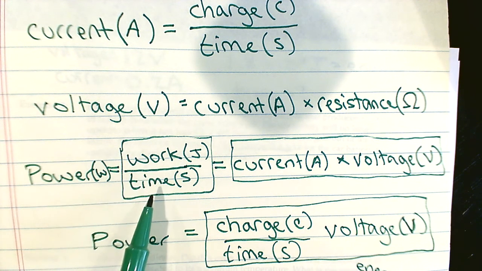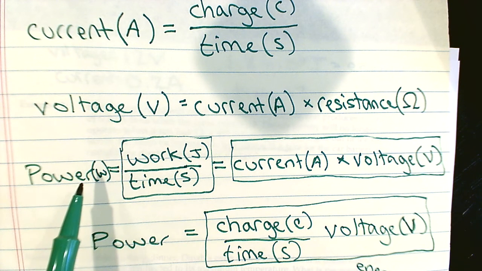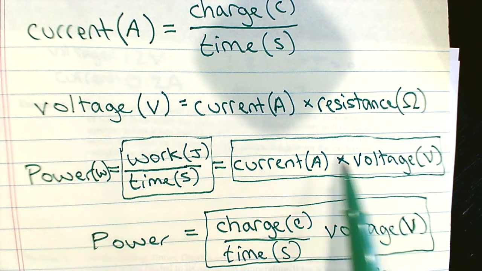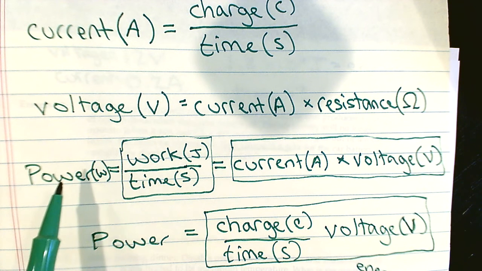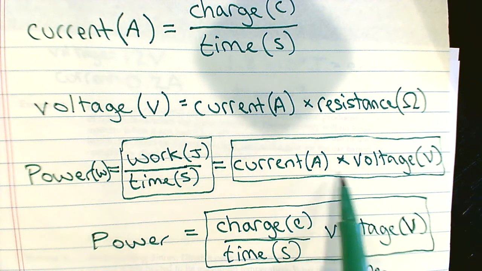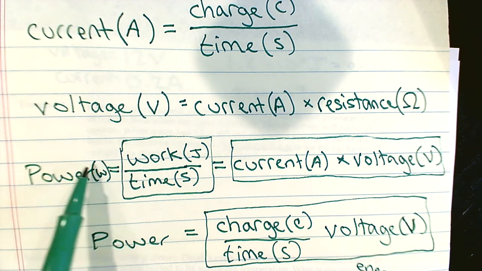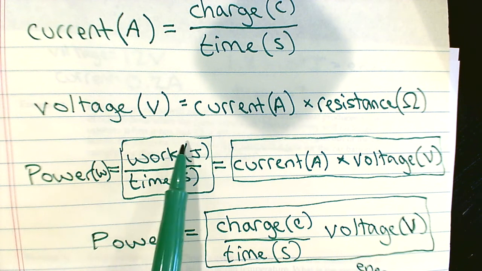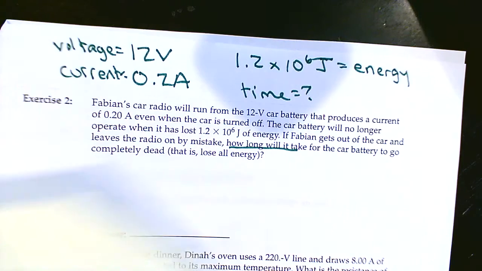So we know the energy, but we don't know the time or the power. We know current and voltage, so we could figure out power. If we use this to figure out power, then we can go back and, knowing power and work or energy, solve for time. So that's what we're going to end up having to do here.